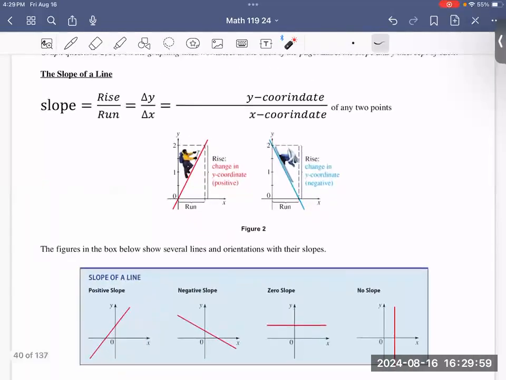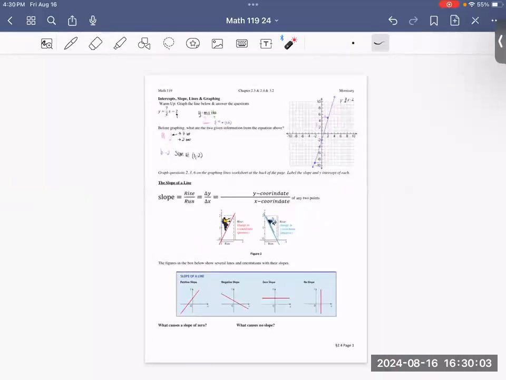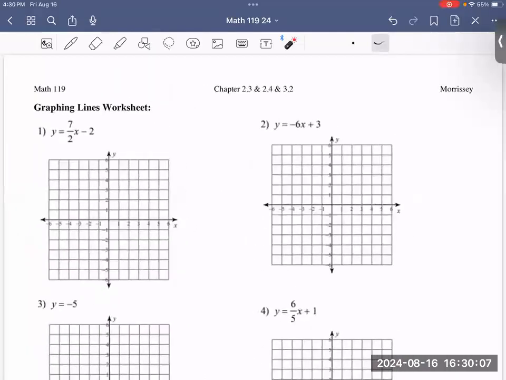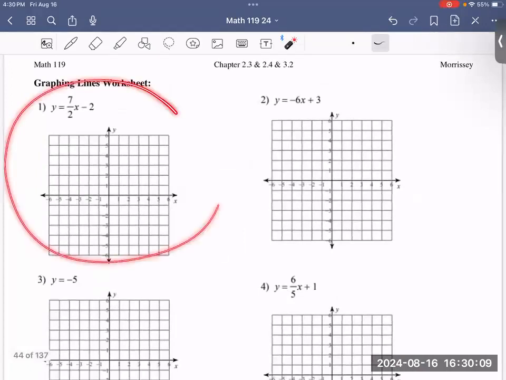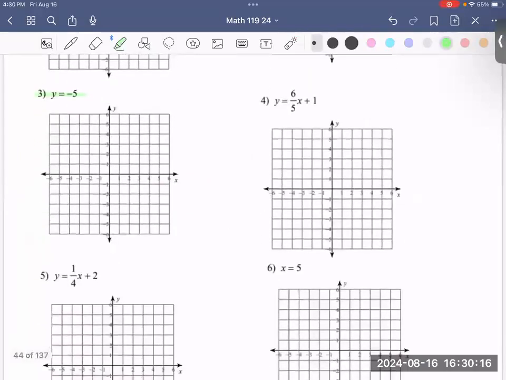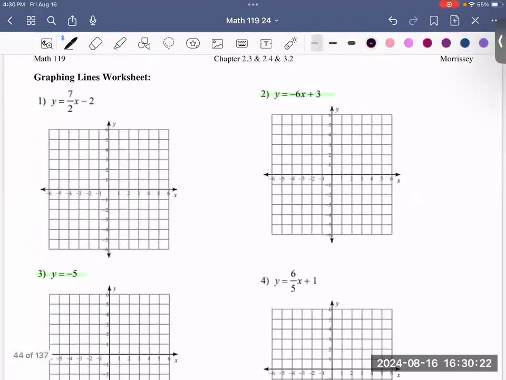We'll do 2, 3, and 6 together. We've done this first one already. Now we're going to just do numbers 2, 3, and 6. If you want to do more, please feel free to do more.